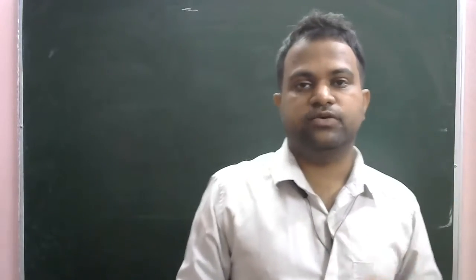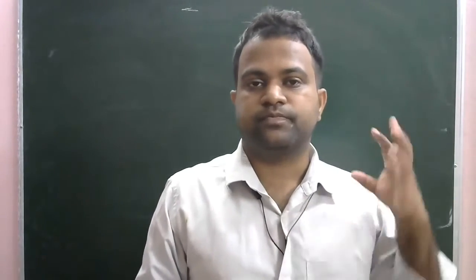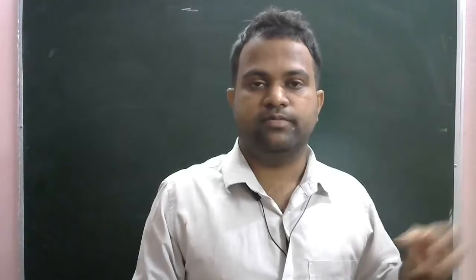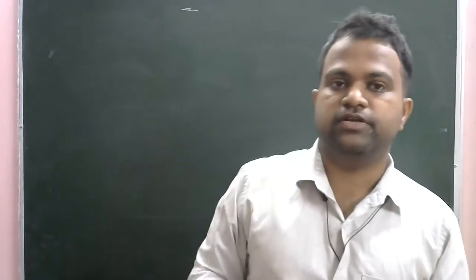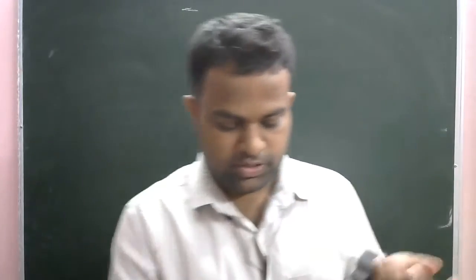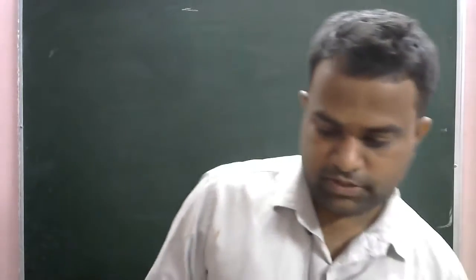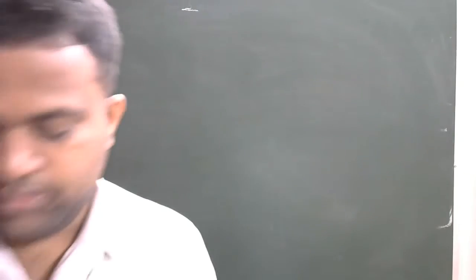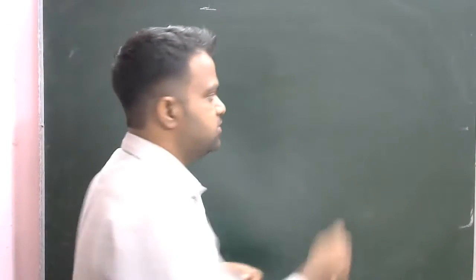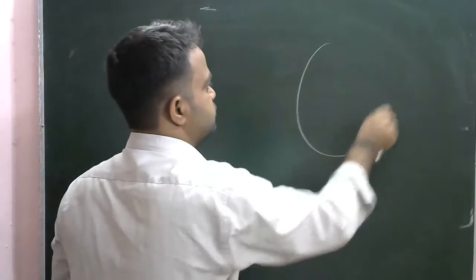So here mathematically we'll try to calculate what the velocity will be at different positions and what the energies are. So let us see what the energy is at different positions. Let's say the object is in a vertical circular motion.